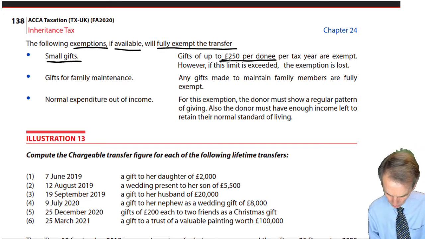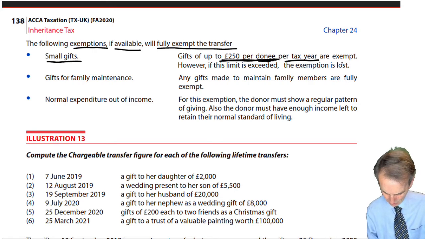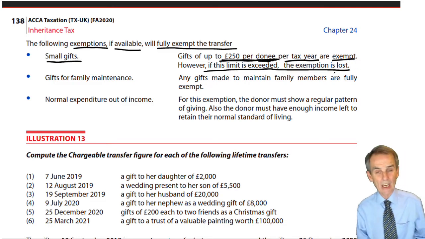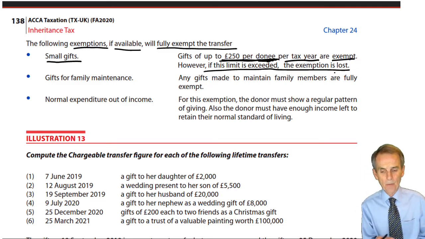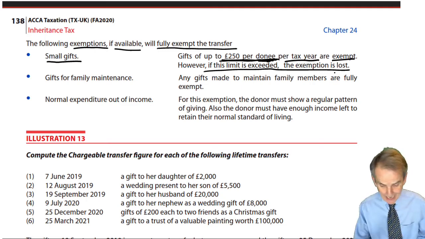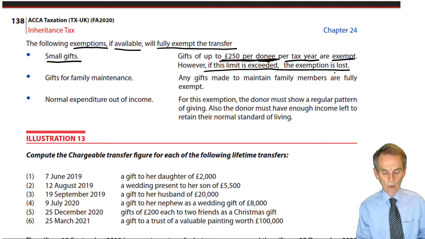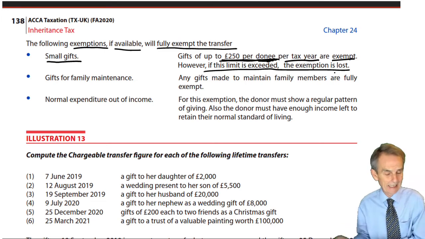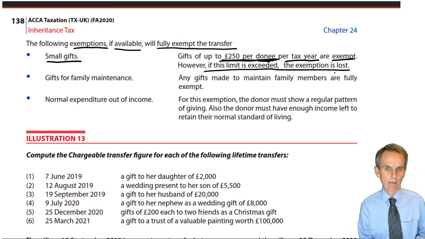Gifts of up to £250 per donee per tax year are exempt. But as we've just said, if the limit is exceeded, that exemption is lost. So you can make a gift of up to £250 to any number of different people in a given tax year, and every one of those will be exempt under the small gifts exemption.